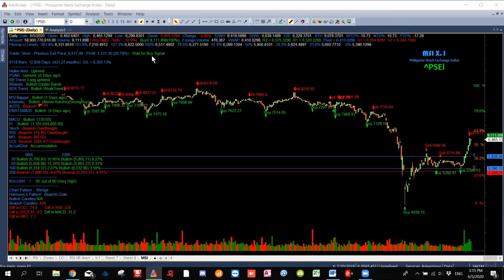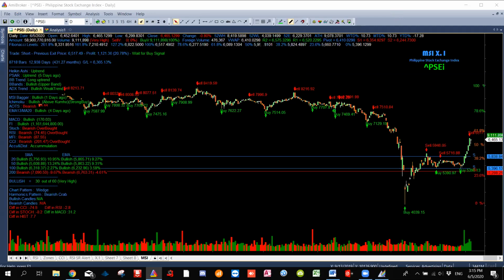Okay, so the next one we have is the VWAP. Ano ba yung VWAP? This is the volume weighted average price. Okay, so at this price, ibig sabihin, diyan nagkaroon ng heavy volume buying. Okay, so yung mga brokers or yung mga malalaking tao na bumibili sa stock market, this is something that they look into.